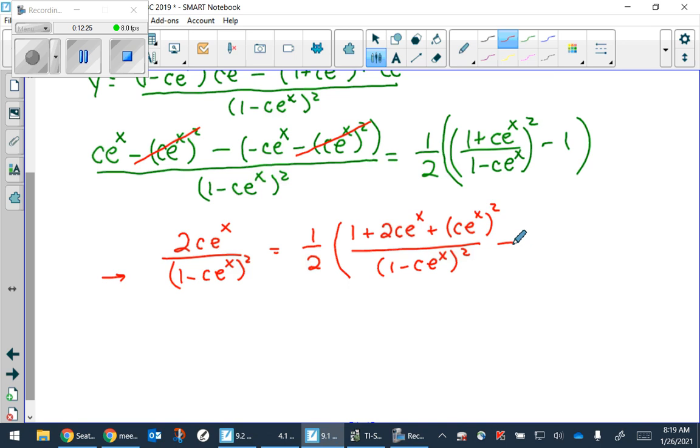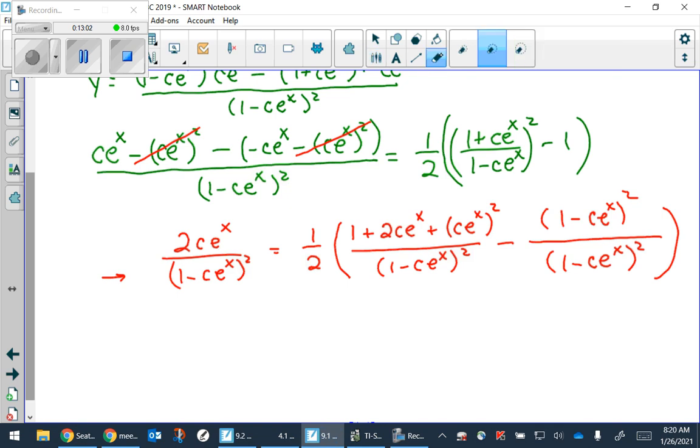But instead of calling it a 1, the denominator is going to be (1 minus c e to the x) squared. I need a common denominator. And am I going to call the top, and please don't write this, (1 minus c e to the x) squared, and is that 1? Yeah, I have subtracted 1.